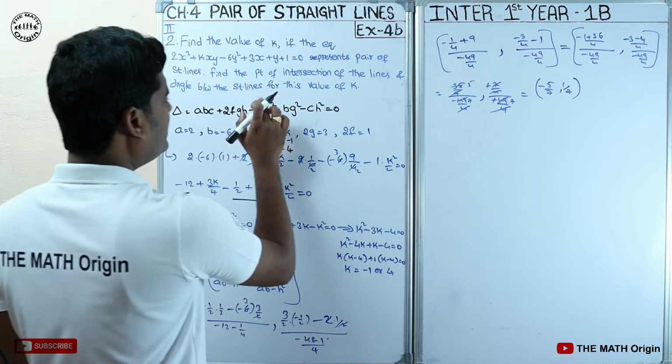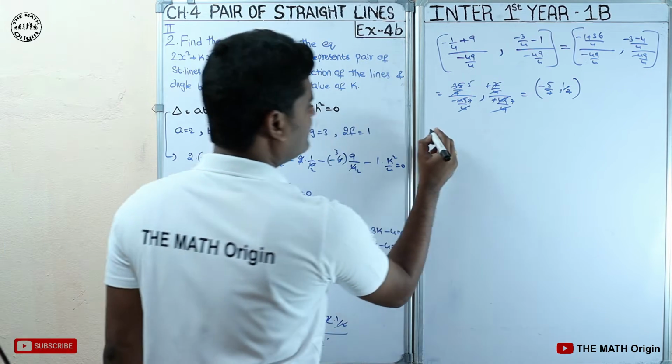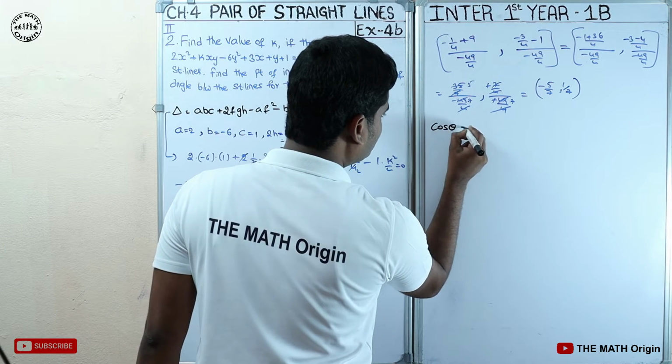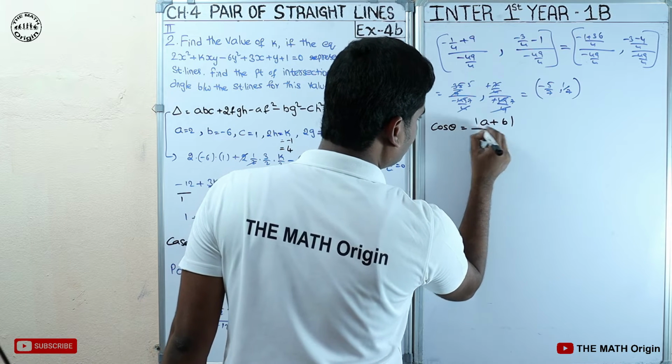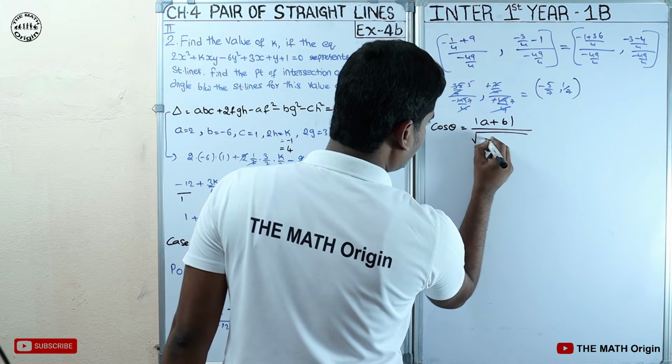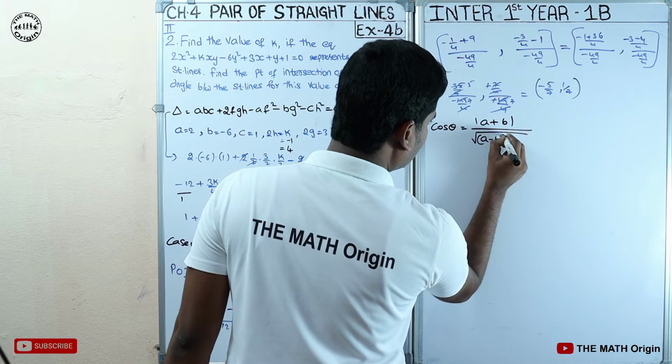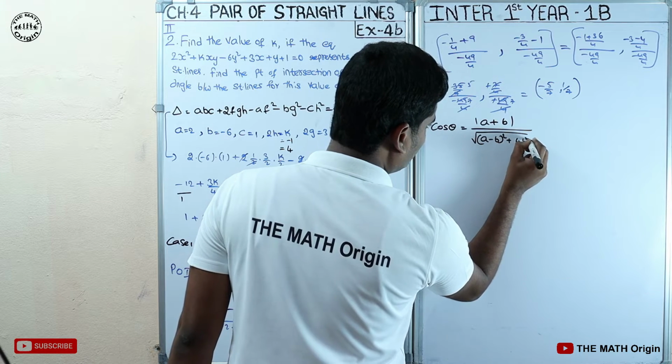Also they are asking to find out the angle between the straight lines. So for the angle, cos theta equals modulus of a plus b, whole divided by root of (a minus b) whole square plus 4h square.